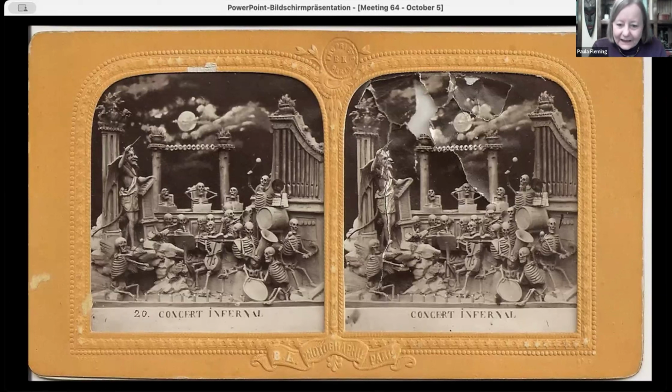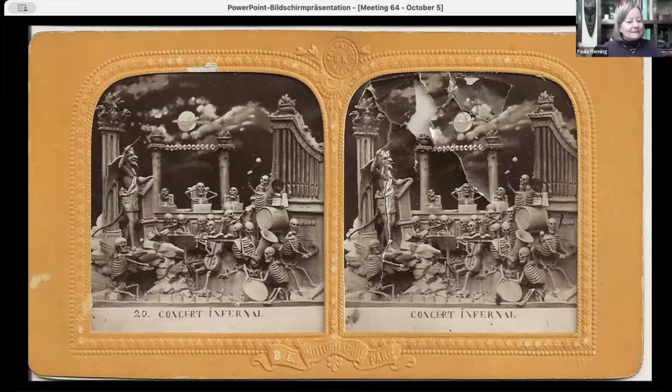And at part of this scene, you can see a hurdy-gurdy organ that one skeleton is turning. They were popular out on the streets in Paris, and people used to pay them to stop playing.